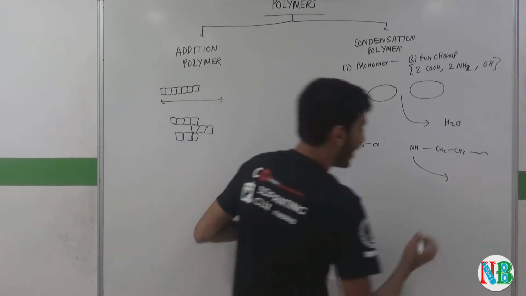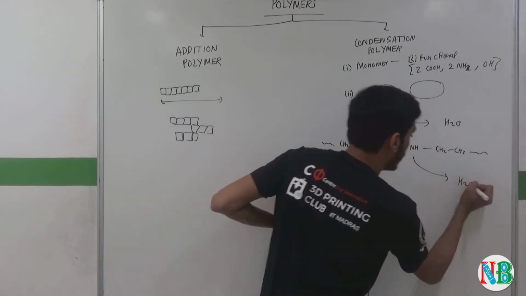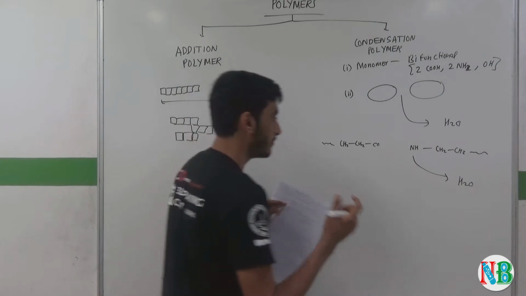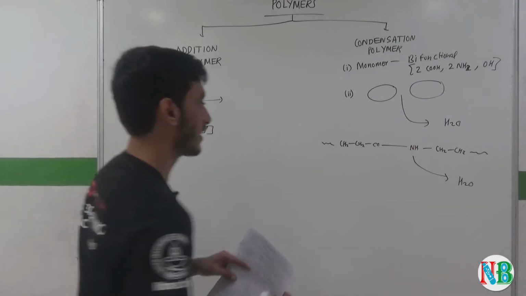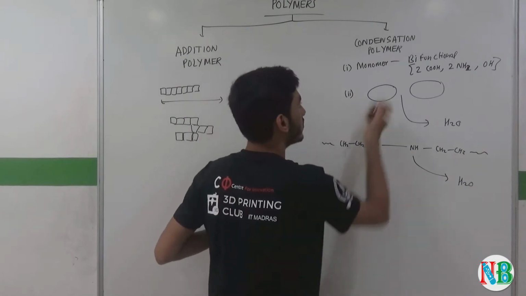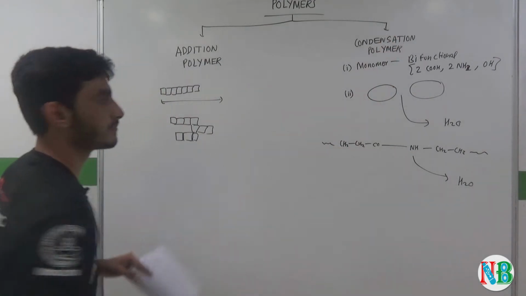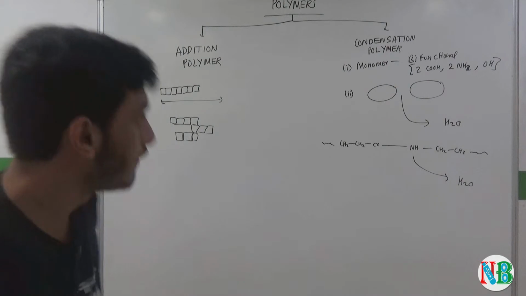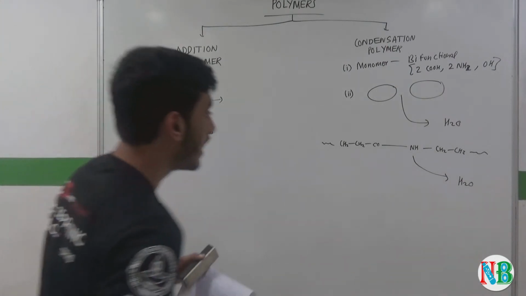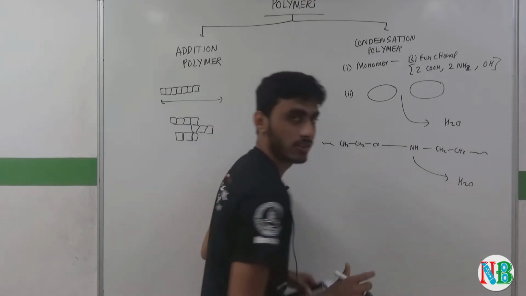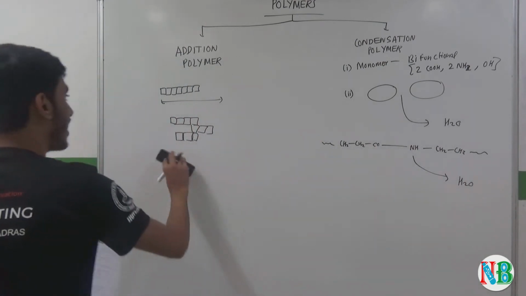So we have to remove one complete H2O part and just add them. So that's the types. Now we have to learn something more about them, or how they are formed. So let's start.